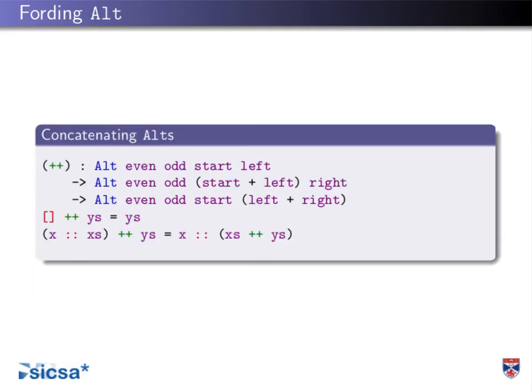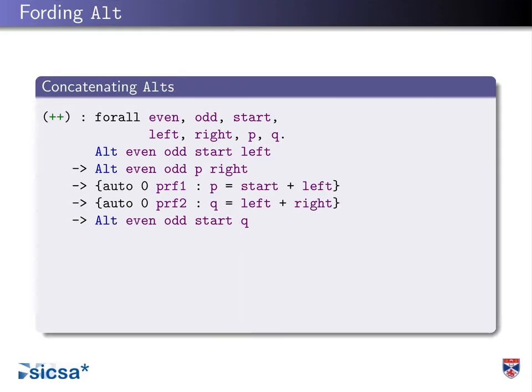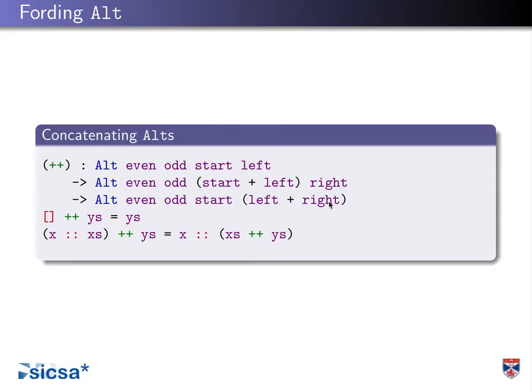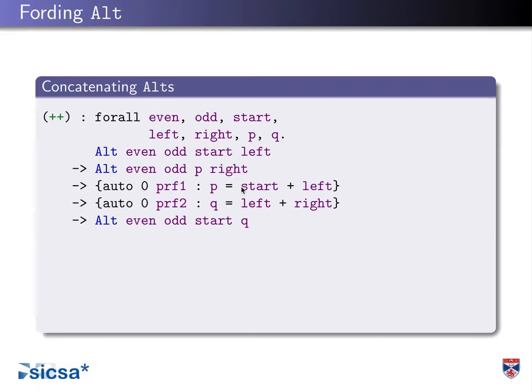So then what happens, we'll change this append function so that instead of start plus left, left plus right here, we'll say that we have the property P is start plus left, the property Q is left plus right. Now that gets us part of the way, so that rather than the machine looking at the equation and saying no, I can't solve this, it takes the equation and essentially punts it back to the programmer, and says to the programmer, you said this constraint had to be solved, you're going to have to provide a proof of that constraint.